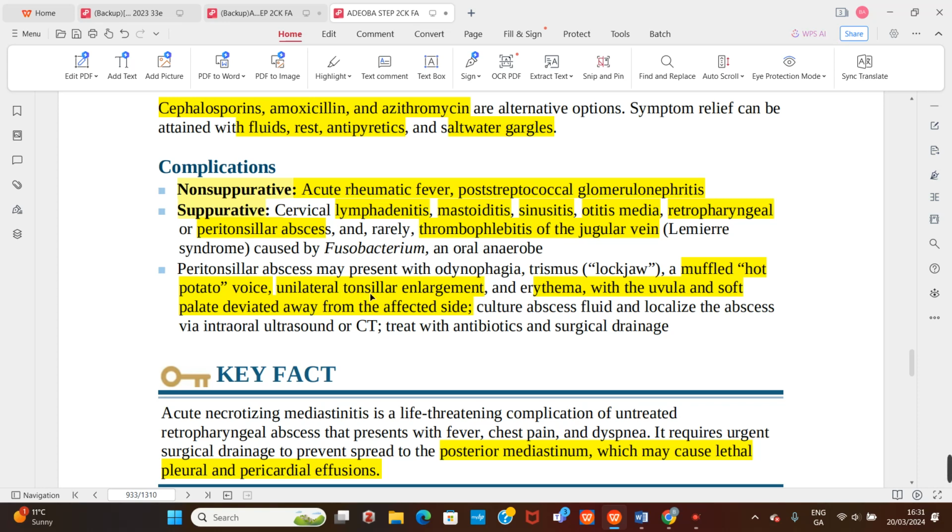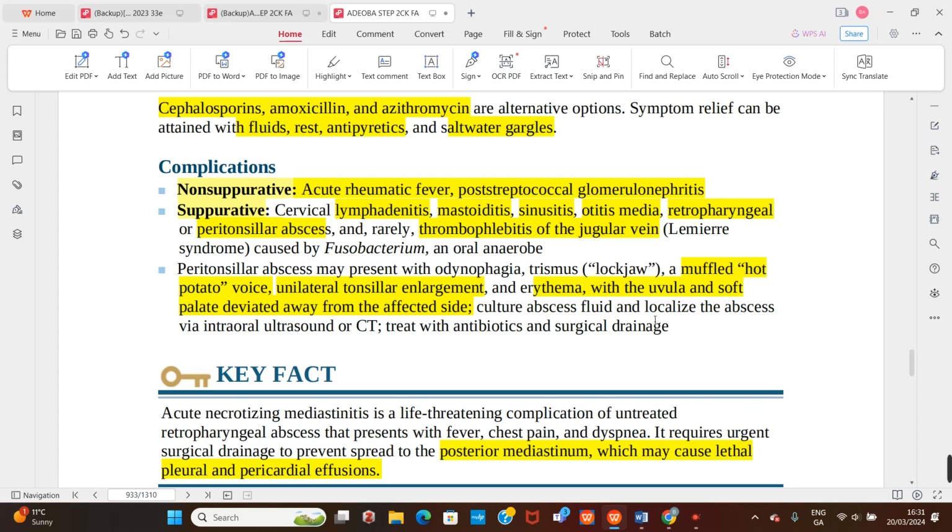And what is going to give it out quickly is that you notice that the uvula is deviated. So if the abscess is occurring within the right side of the tonsil, it's going to be pushing the uvula to the left.